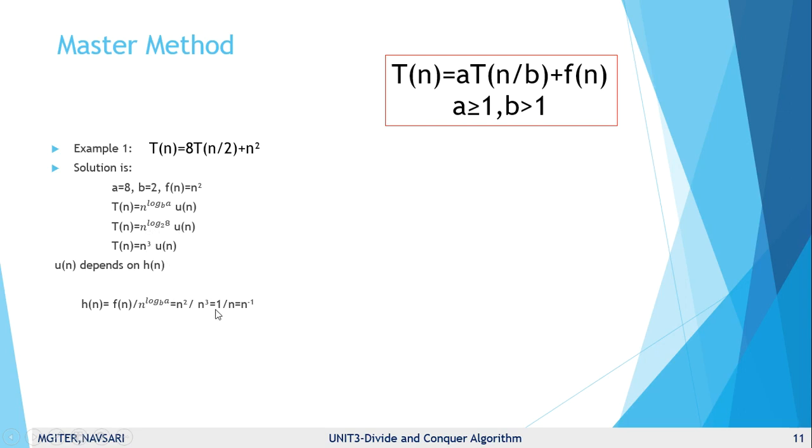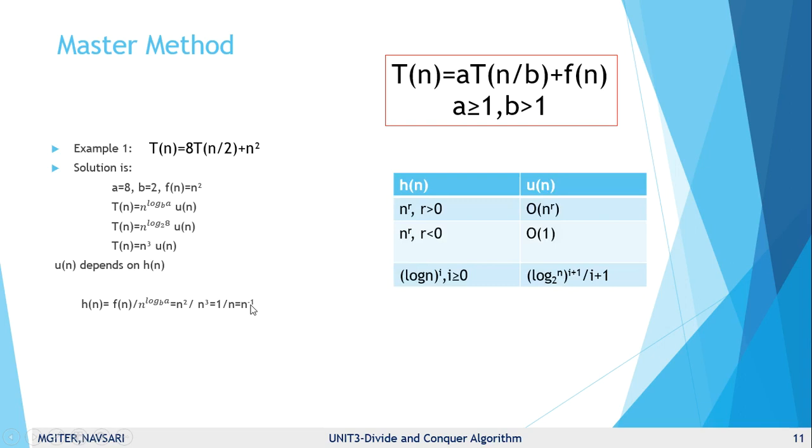So n square divided by n cube is 1 by n, which is n raised to minus 1. Here the value of r is equal to minus 1, so r is less than 0, yes. So the value of U(n) is big O of 1. Now we put 1 here: n cube into big O of 1, or simply we write 1. So the time complexity of the given recurrence is equal to order of n cube.